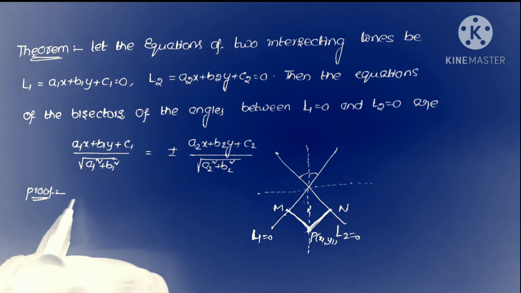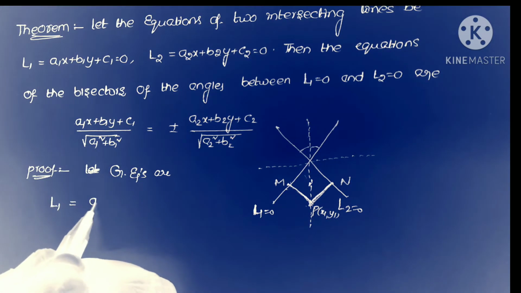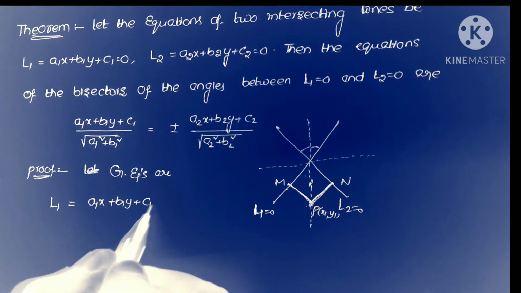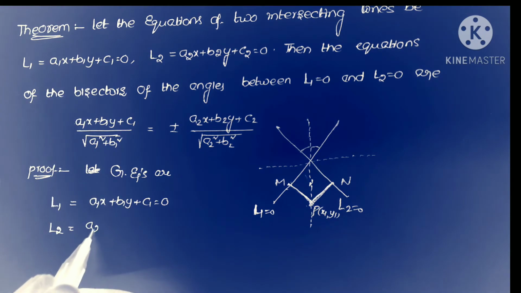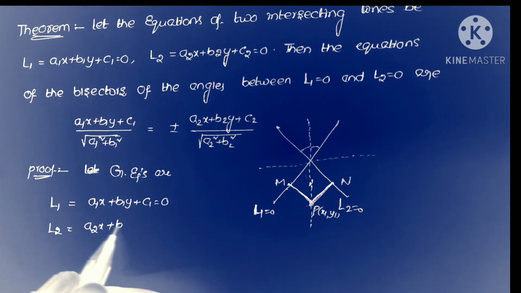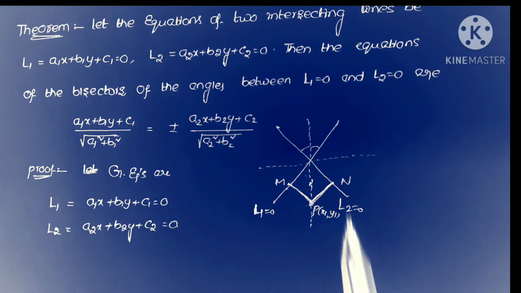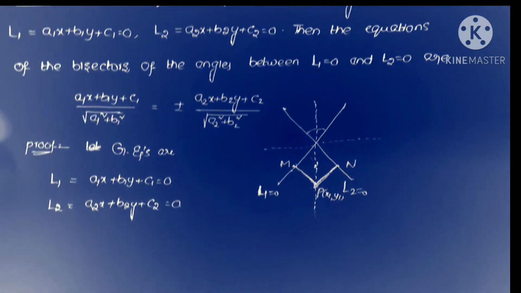So first I take the given equations here. The given equations are the first one, L1 equals a1x plus b1y plus c1 equal to 0, and the second line, L2 equals a2x plus b2y plus c2 equal to 0. From the diagram, these two are the angular bisectors and we take one point on the angular bisector.